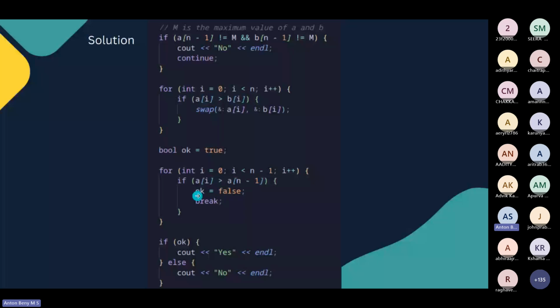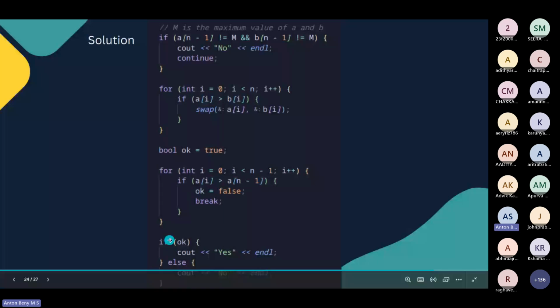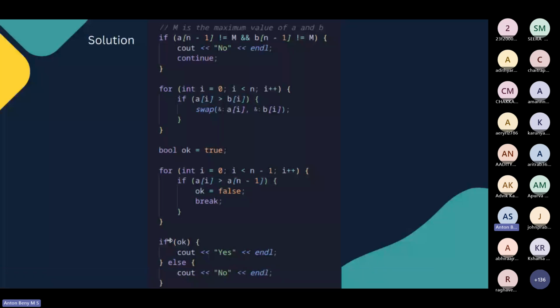If you guys didn't know what break is, break is almost the opposite of continue. There's this for loop, and when it encounters break, it'll just stop the for loop and come out of it. We are coming out of the for loop because we know that once there is even one element that's greater than the last element in A, then the condition is broken.